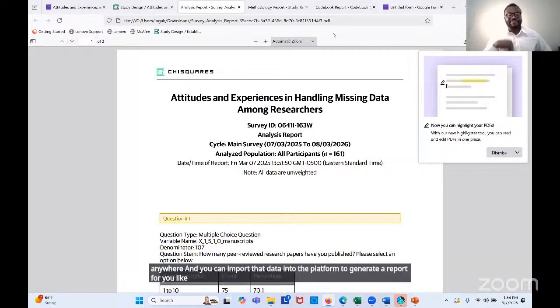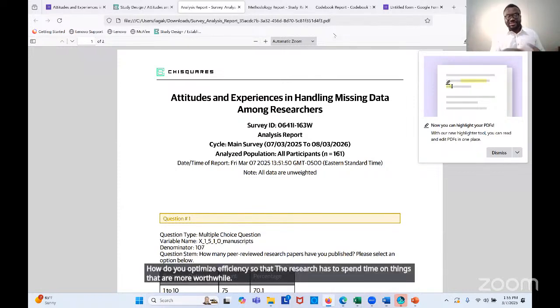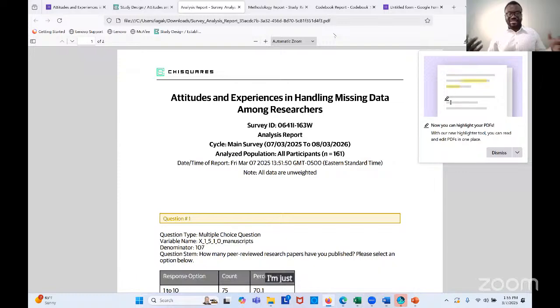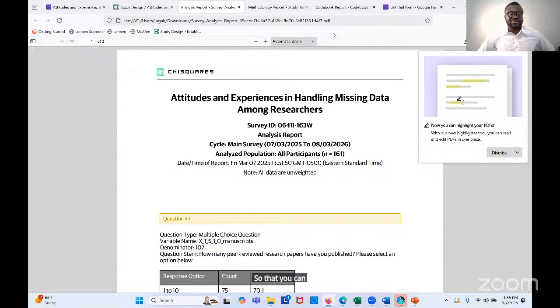The whole idea is about how you optimize efficiency so that researchers spend time on things that are more worthwhile than manual labor that doesn't add any intellectual input. That's the whole premise here. So yes, you can bring the data and upload it and it will generate a report so that you can then focus more on the intellectual aspects of interpretation and context and all of those things.